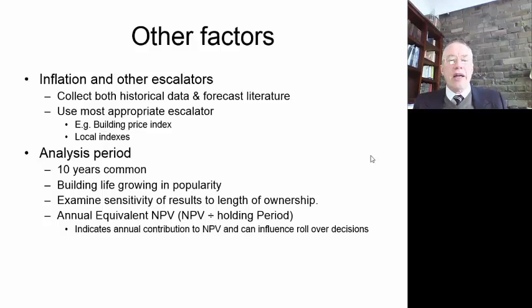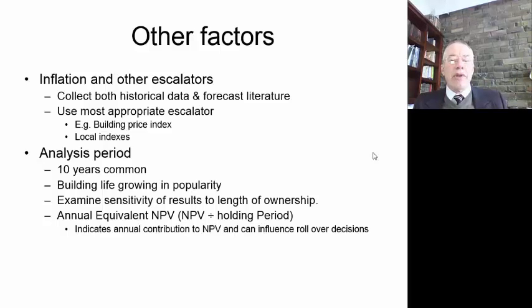That's not to say that others, such as the life of the building or the life of the project, and so if you're looking at a mine or a factory, it might be intended that that factory might have a particular design life, and so we could reasonably do our DCF over the expected design life. We look at things like building life cycles and things like that.